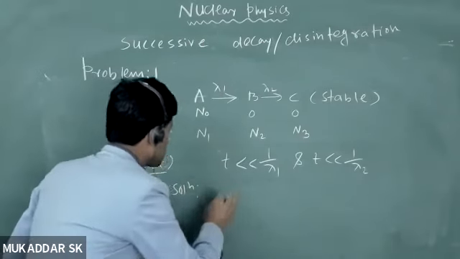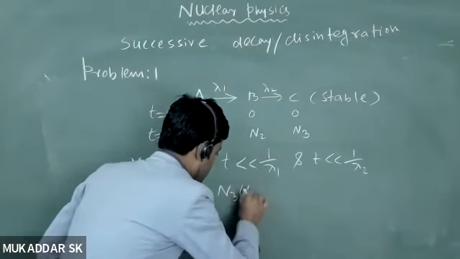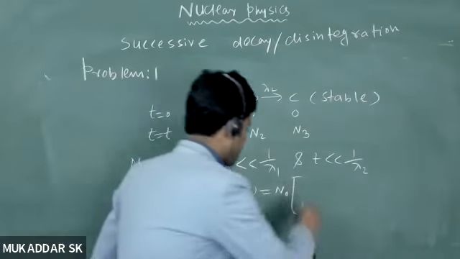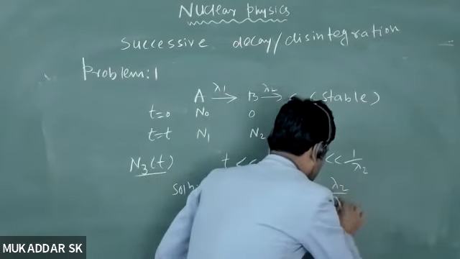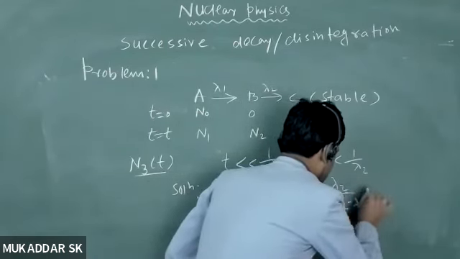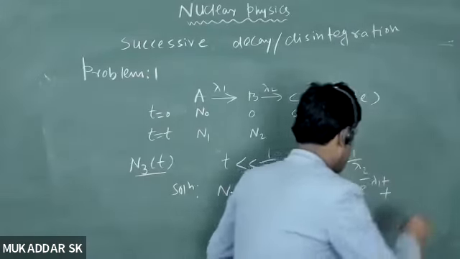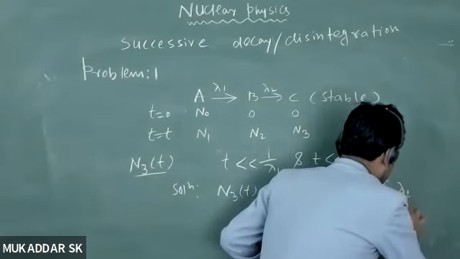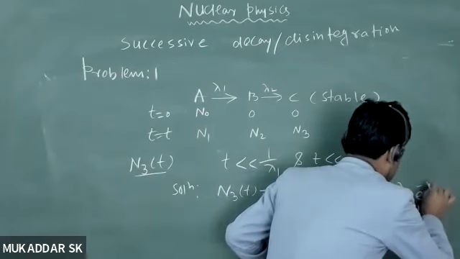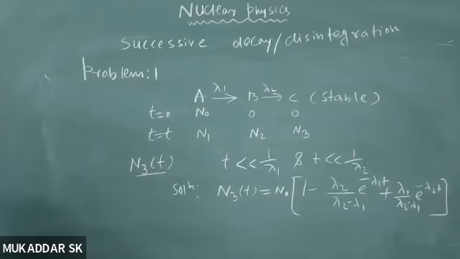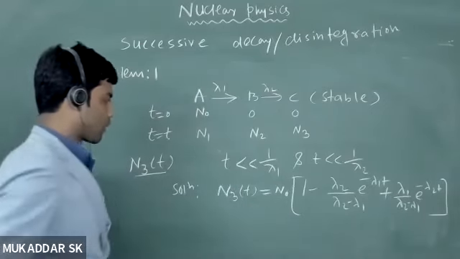You remember that expression was N3 of t equals N naught times, minus lambda 2 by lambda 2 minus lambda 1, e to the power minus lambda 1 t, and then the second term, lambda 1 divided by lambda 2 minus lambda 1, e to the power minus lambda 2 t. And this t is much smaller than 1 by lambda 1.